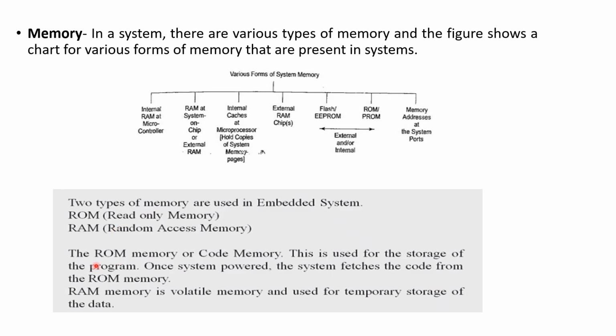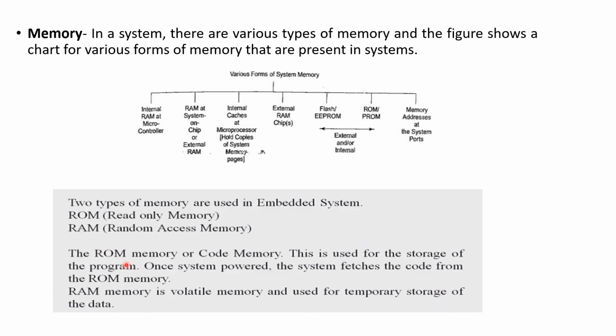Now the read-only memory, that is the ROM, can also be called code memory. Why? Because the final executable program which we are embedding into the ROM memory is called the ROM image. So we are burning this program into the ROM memory, and this read-only memory will have a size of, say, 4 KB to 64 KB.